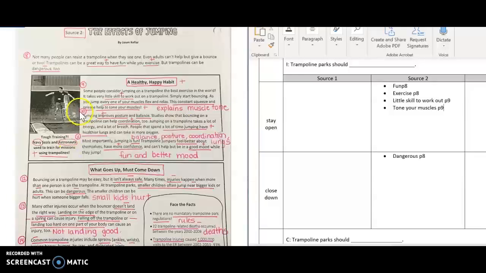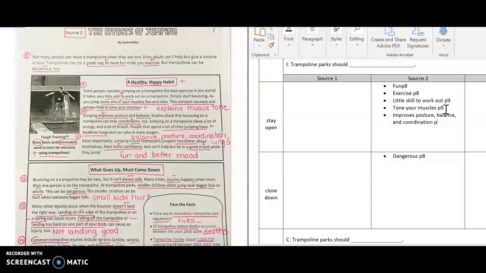Then we continue down here into paragraph 10, still probably going to be working in this box because these were all pretty positive ideas. So we learned that you've got this improved posture and balance and coordination. So let's go down, another bullet point, improves posture, balance, and coordination.